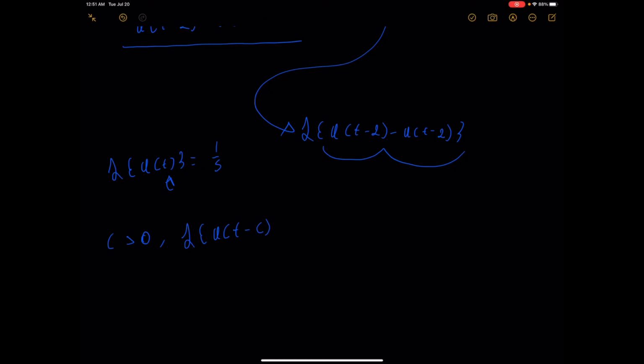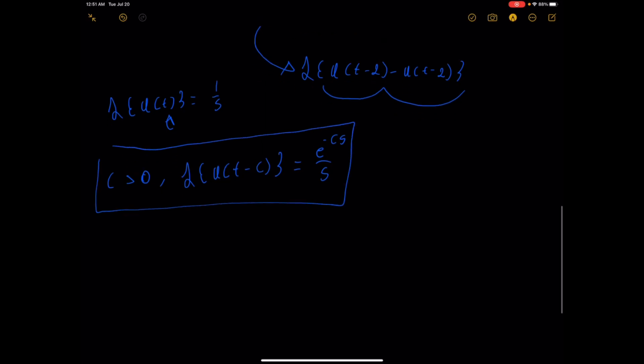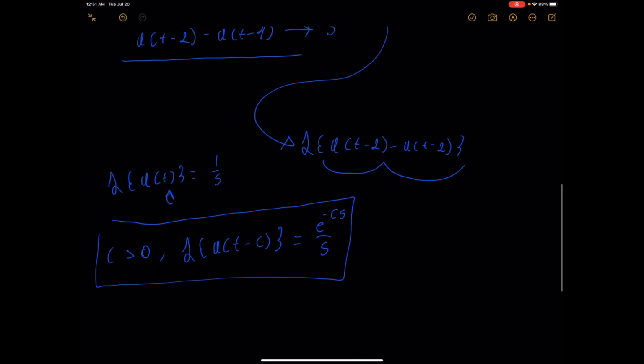So the Laplace transform of this in this case would be e to the negative cs over s, and this is the formal definition for this problem, because in this case we have u of t minus 2.